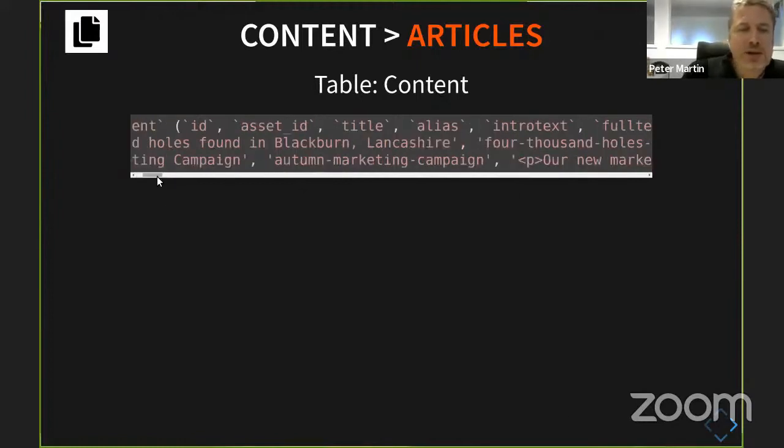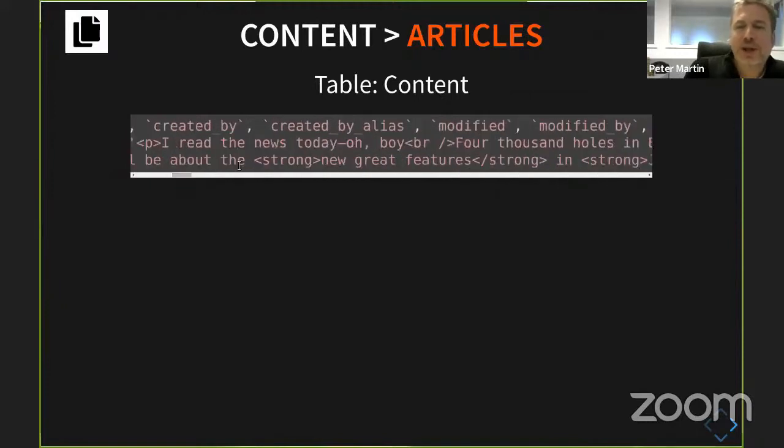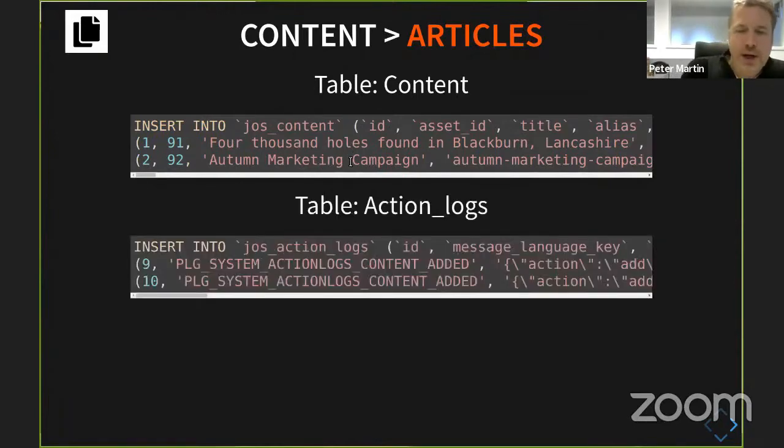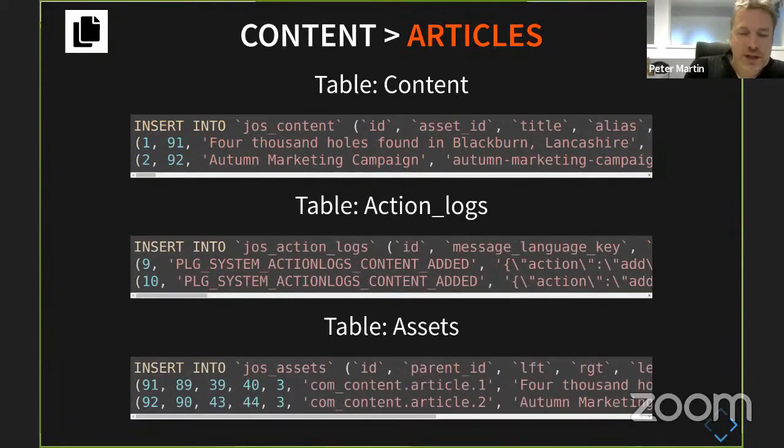And we have the title and the text, like I read the news today, etc. And of course, the access level for the marketing article is different: it's not public anymore, it's set to marketing.